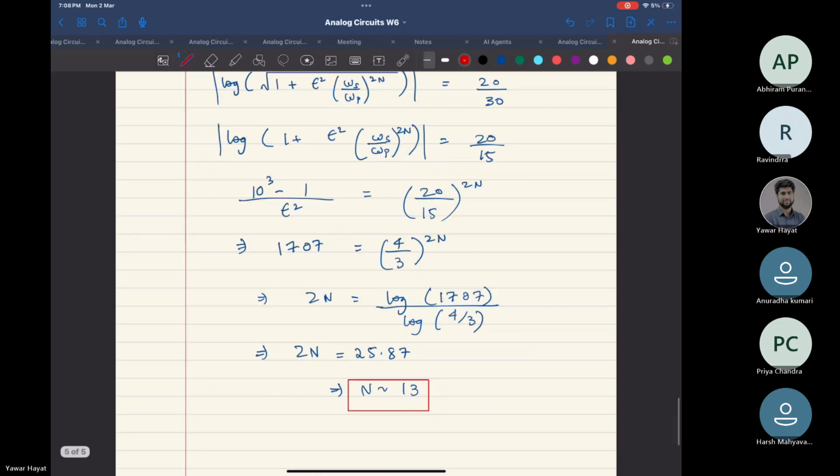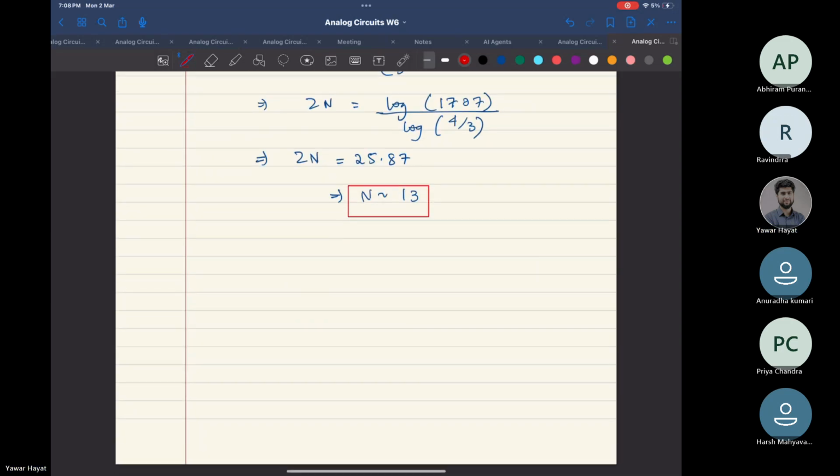So if the order is this much, and I keep the same specifications, what is the total number of poles then?